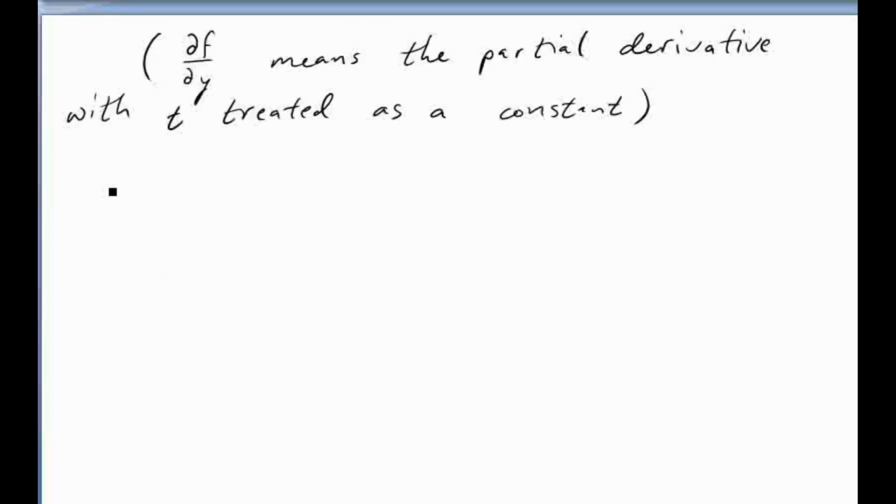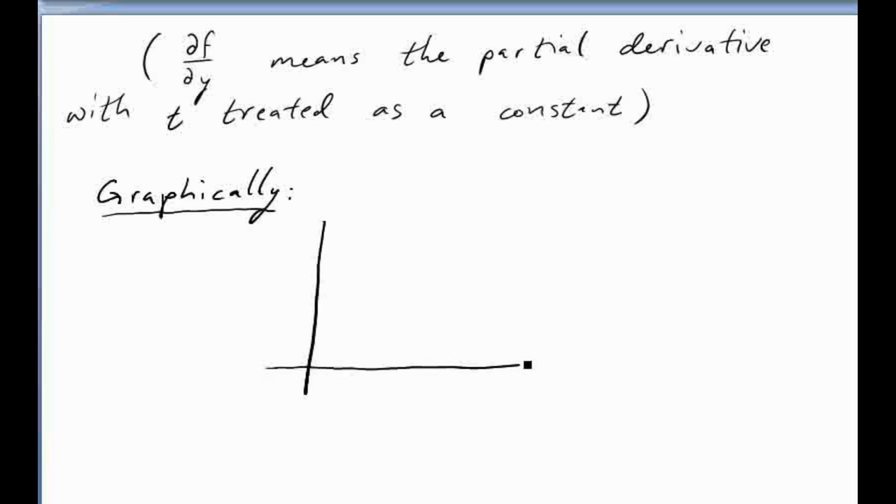Okay, so in other words here, specifically, graphically here, what we've got here, let's say this is the t-axis, this is the y-axis, and let's say this is t naught. Let's say this is y naught.